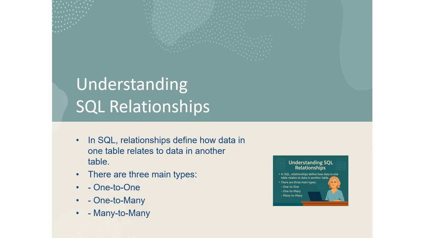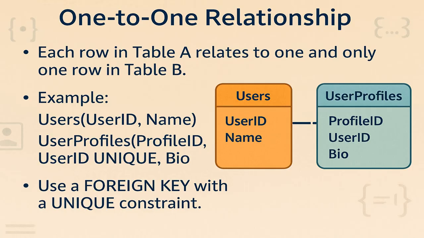Understanding the relationships. I previously presented the relationships, and I said we have several types of relationships. The first one is the one-to-one relationship. The second one is the one-to-many relationship, and the third one is the many-to-many relationship. Let's just remember the meaning of these relationships.